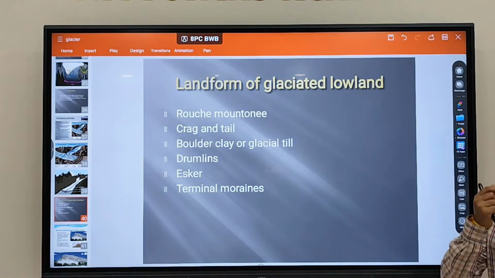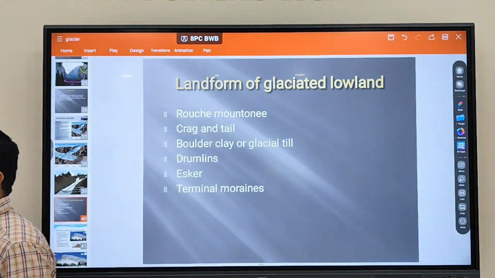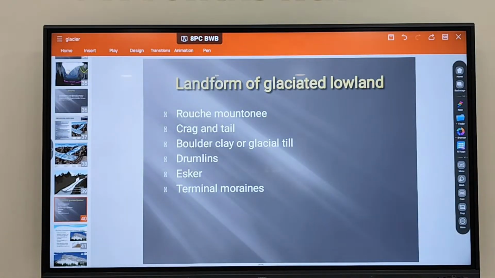So these are the landforms of glaciated lowland.